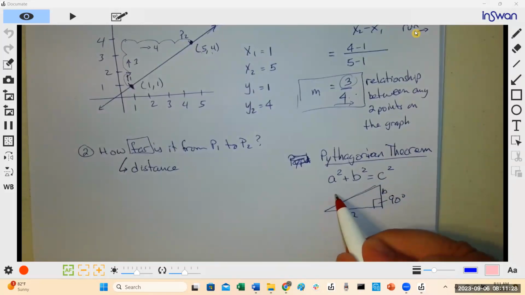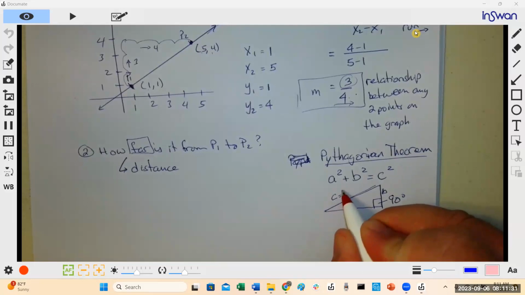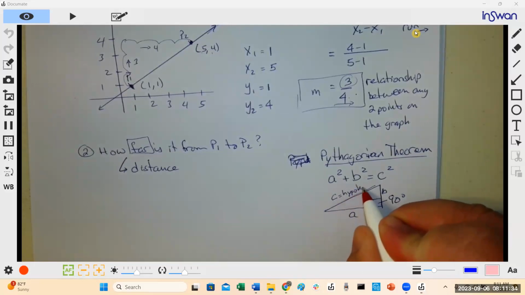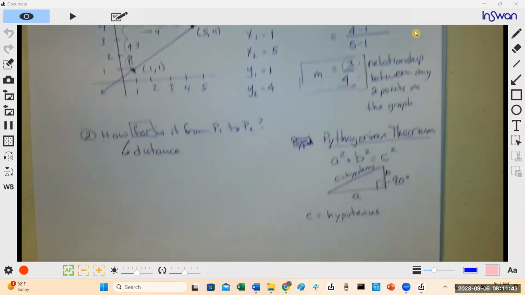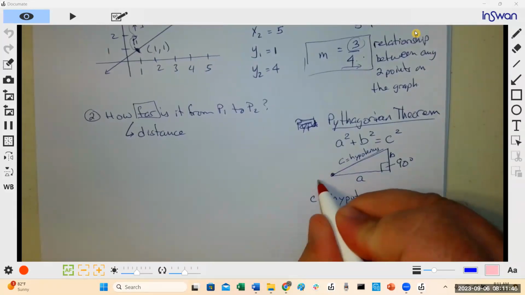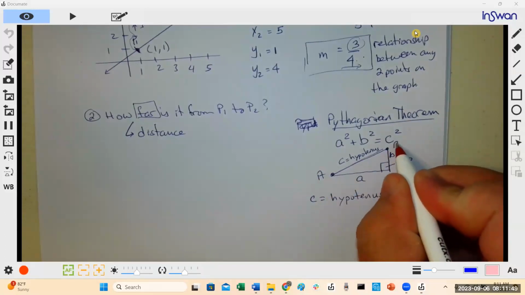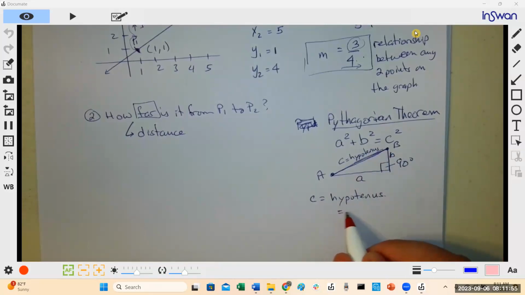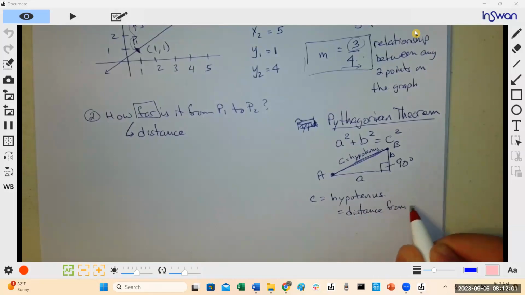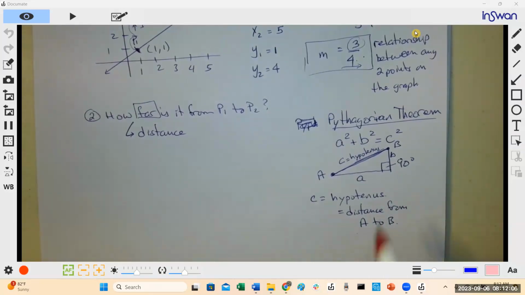And C represents what's called the hypotenuse, and the hypotenuse is the distance from point A to point B. Basically, whenever you talk about the word distance, you're going to relate to this one.